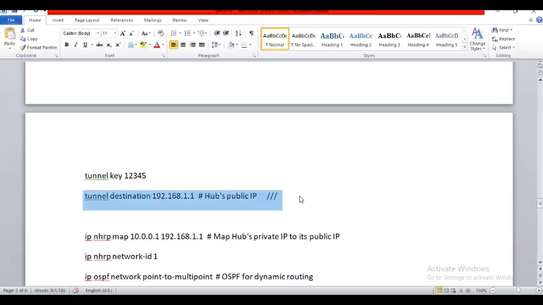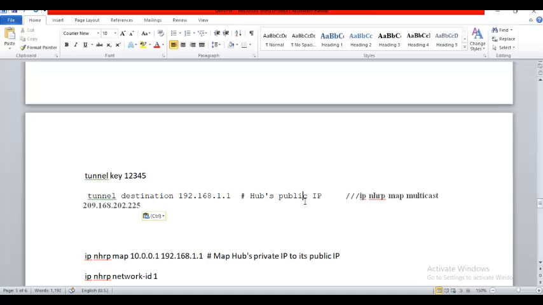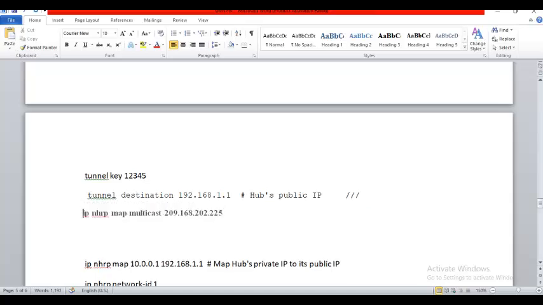The address is the public IP address. In our case, here in this document, it is 192.168.1.1. This one or this one will be used, it depends on the operating system.